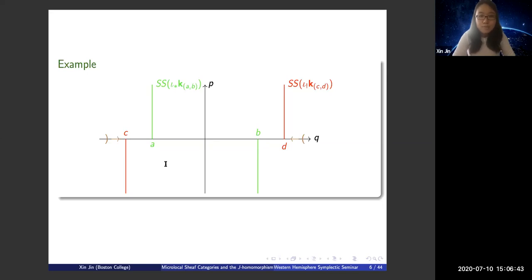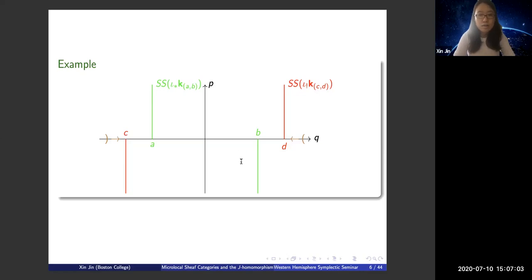And here I draw the singular support of two very standard kinds of sheaves. The green one is the push forward of the constant sheaf on the open interval (a,b). And the red one is the shriek push forward of the constant sheaf on (c,d).